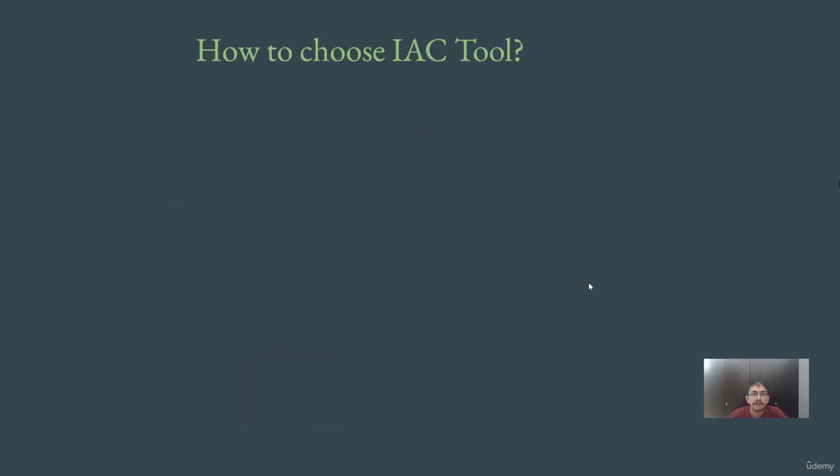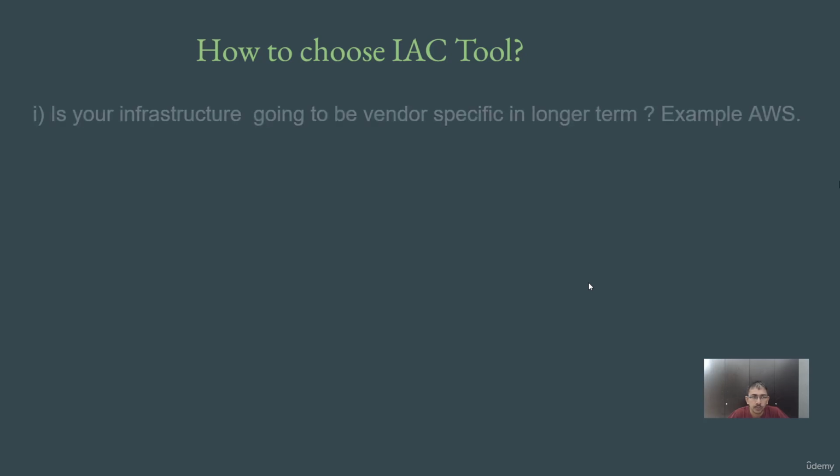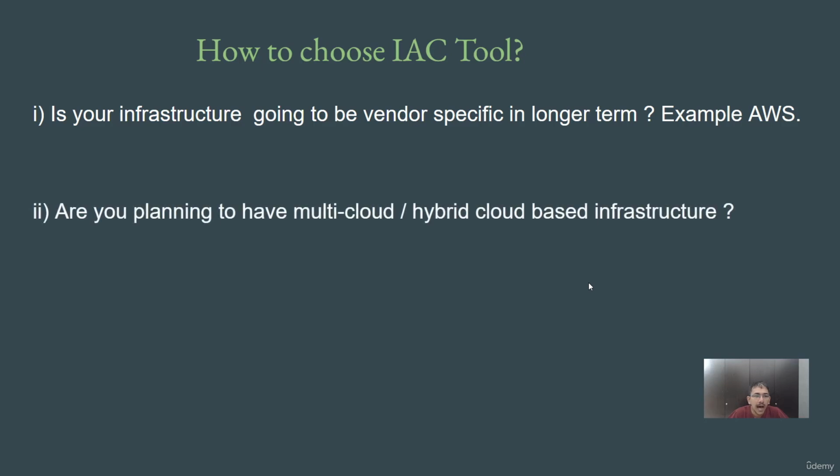So now comes the important question: how to choose an infrastructure as code tool. The first question you need to ask is, is your infrastructure going to be vendor specific in the longer term? For example, are you going to only create infrastructure on the AWS platform for the next 10 or 25 years? Second, are you planning to have a multi-cloud or hybrid cloud-based infrastructure?